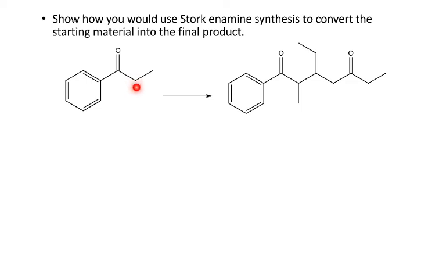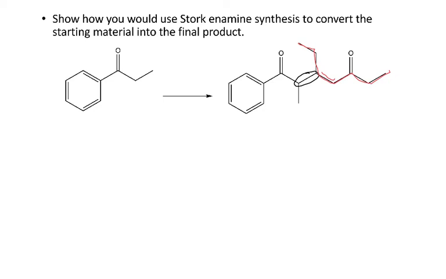This is the alpha carbon that's going to do the attacking, and so this is the alpha carbon here that's going to do the attacking. So this is the new bond that I'm forming, and so my Michael acceptor is going to be this compound, only being alpha-beta unsaturated.